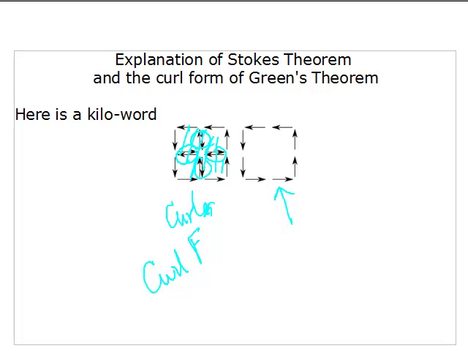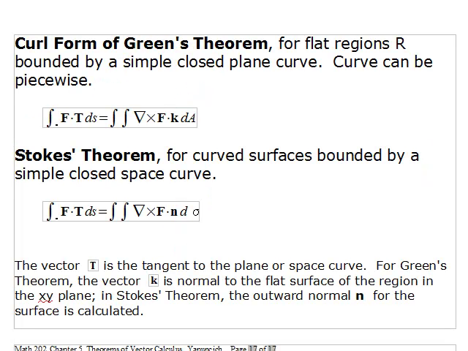That's that integral there, knowing that these are going to cancel, but you don't worry about it because it's actually an easier calculation, and it is equivalent to this, which would be the integral of F dot T over the surface, s or d sigma, depending on the nature. So that's what we're talking about with these curl forms: the curl form of Green's theorem and Stokes' theorem.